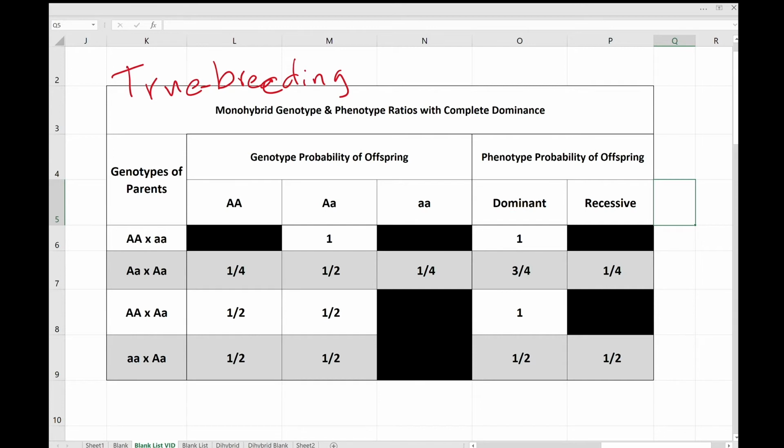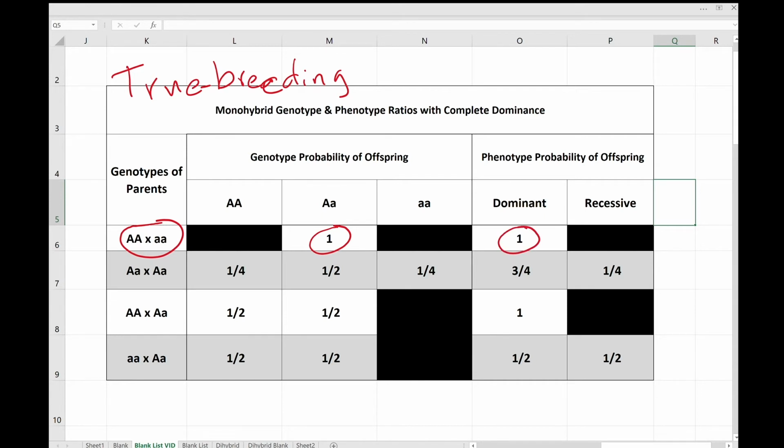And homozygous dominant individuals would be considered true breeding for that trait. So let's summarize. If you have two true breeding parents, one for the dominant trait and one for the recessive trait, and they do the test cross, all the offspring are going to have heterozygous genotype, and they're all going to have the dominant phenotype.